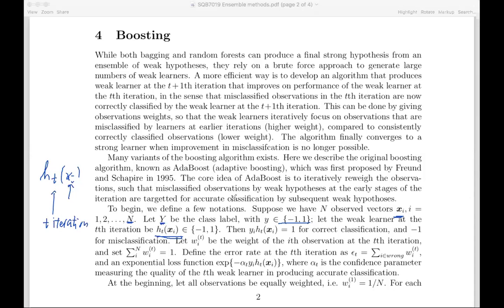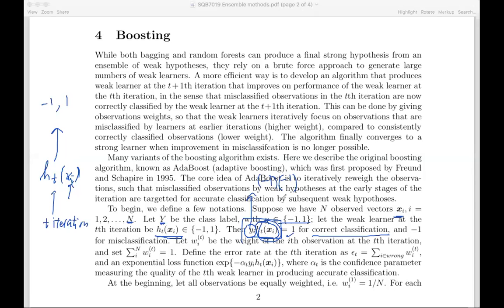When you multiply by the weak learner, remember the weak learner is a classifier, so it will produce two outputs, either -1 or 1. When you multiply y_i with the predictor, if your label is -1 and the predictor is also -1, then -1 times -1 is 1 for correct classification.